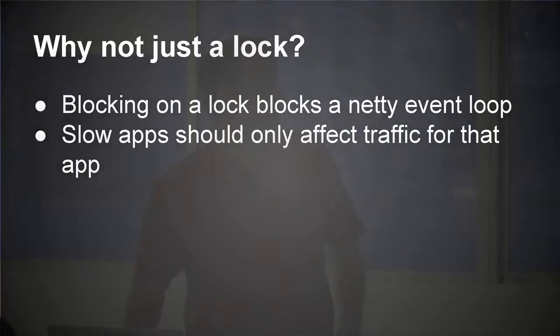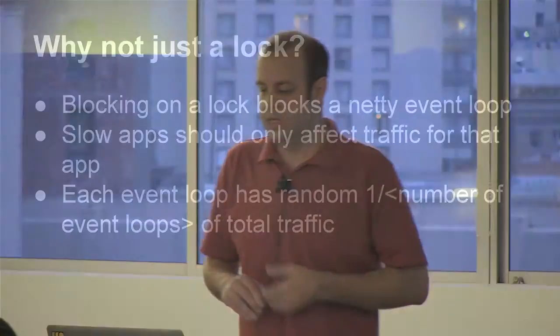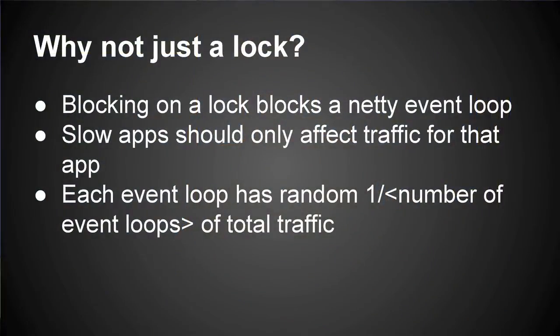And so these two things conspire to give us a problem, which is that blocking one of these event loops is blocking a random subsection of traffic for other applications. And if you have one pathological application that's really slow, it's pretty easy to quickly block all of your event loops. So this simple locking strategy is not really going to work for us anymore.